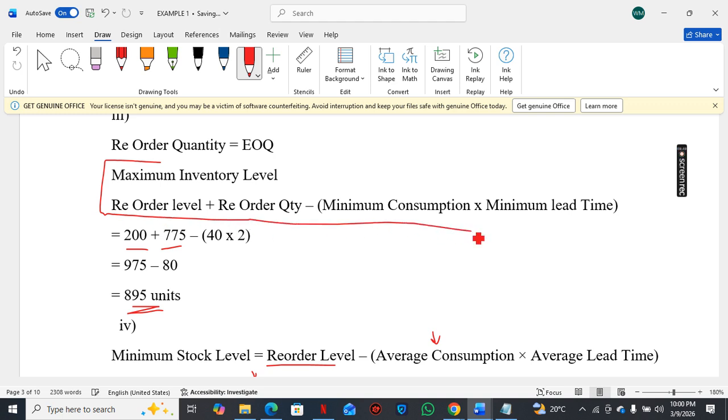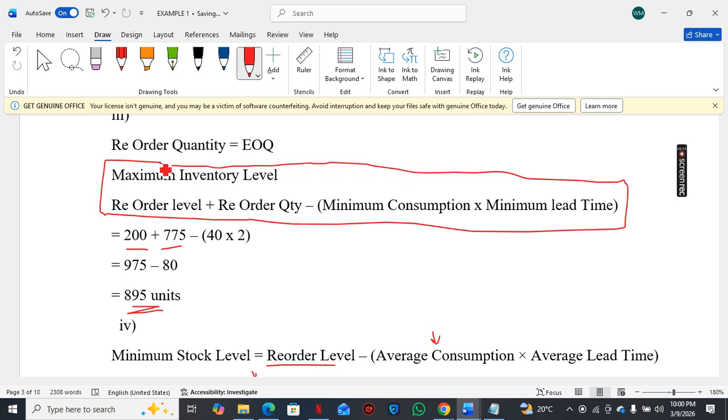All questions in this topic, these are the formulae you'll be using. Once you know the formula for inventory control, you are good to go. It won't be given to you in the exam.